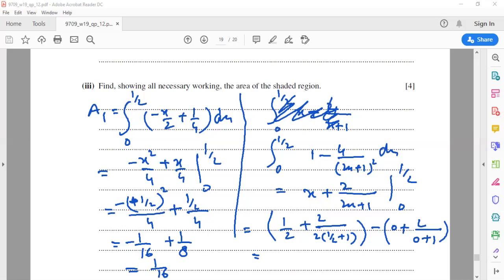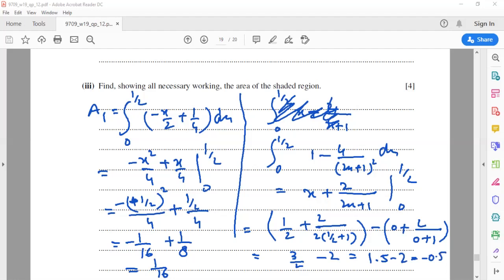If you simplify this with the help of the calculator, this gives you 3 over 2 and this gives you 2, so 1.5 minus 2, which is going to be minus 0.5.